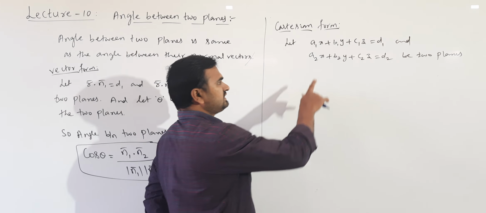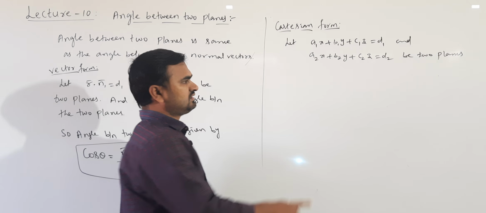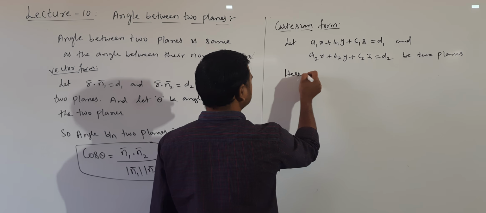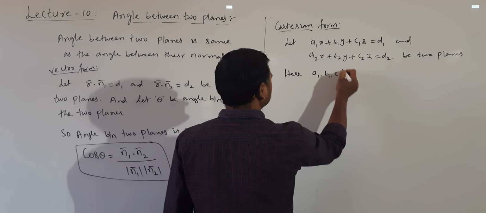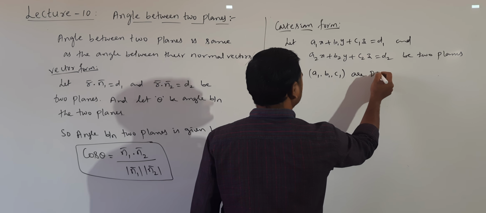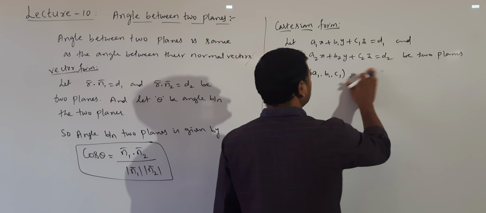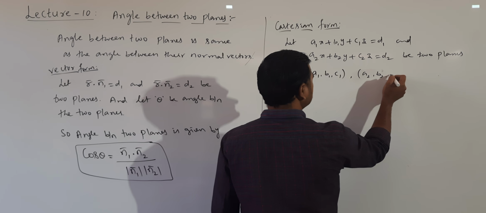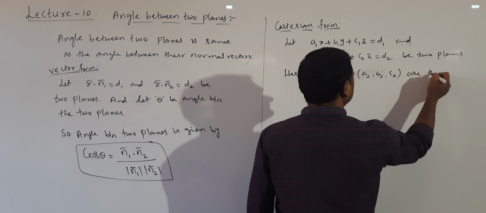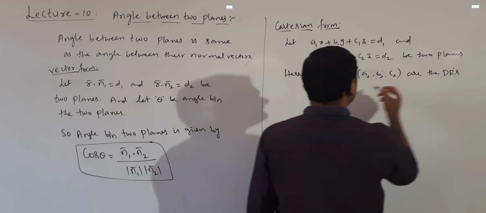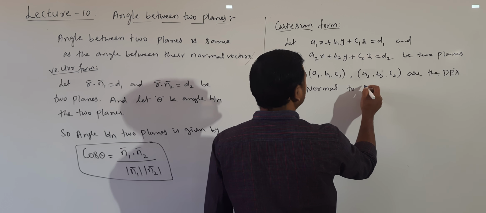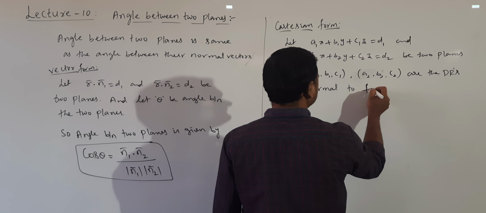What are the DRs of the normal to the first plane? a1, b1, c1 are the DRs of the normal to the first plane, and a2, b2, c2 are the DRs of the normal to the second plane. So a1, b1, c1 and a2, b2, c2 are the DRs of the normals to the first and second planes.